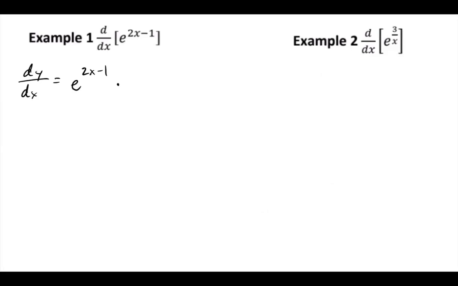What's the derivative of the power? 2. Most of the time you won't see it that way. Most of the time you'll see it like this. That's how you'll see it most of the time. Okay. This guy over here.